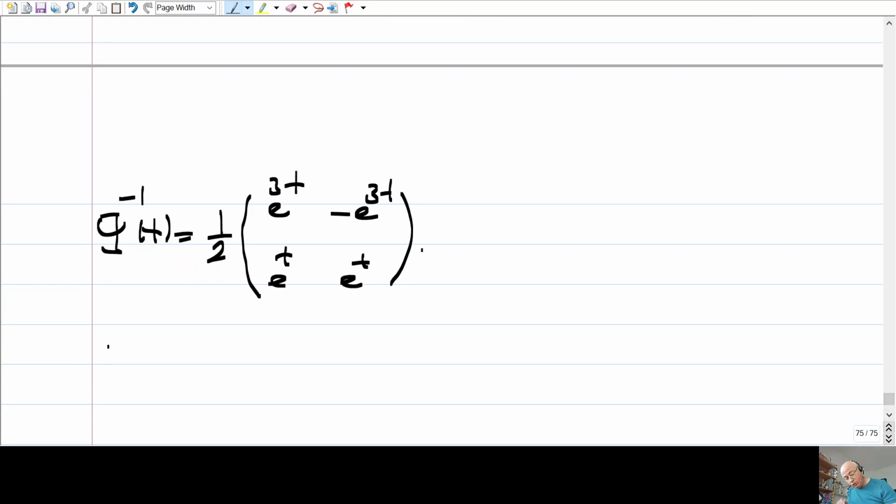So what about the solution? Xp(t). Well, that was the fundamental matrix. Let me put it here. Times this gadget, but I write it with s.